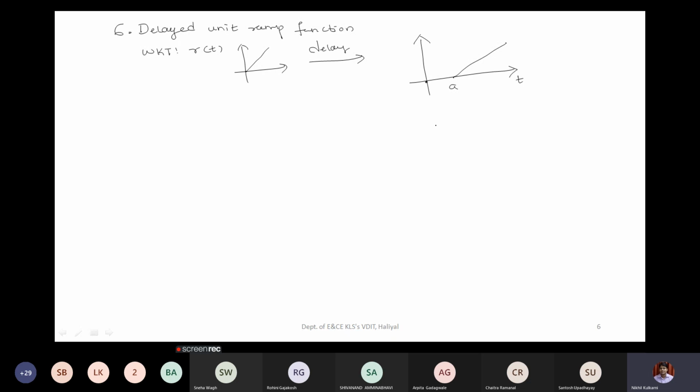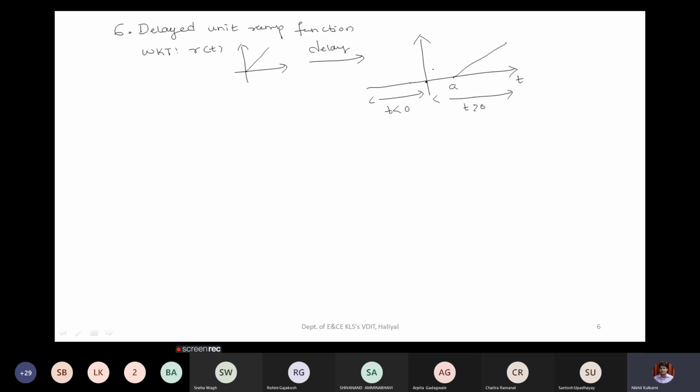Now, if you consider the definition over here, on the timeline, from here to here it is t greater than 0, and from here to here it is t less than 0.